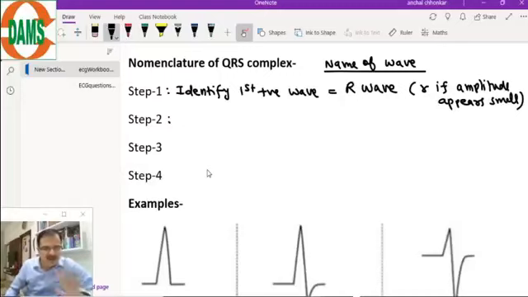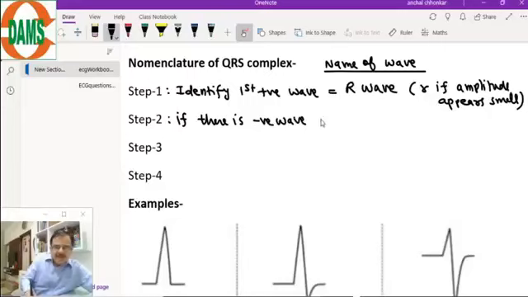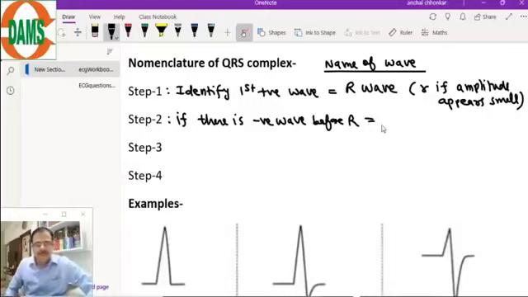Now if there is a negative wave before R, so first identify a positive wave, call that an R wave, and if there is a negative wave before R, you call this Q wave.